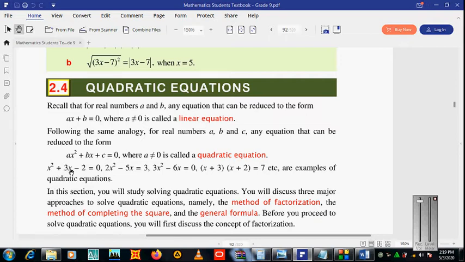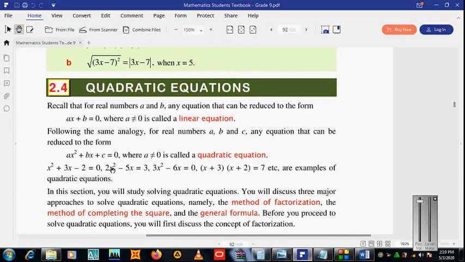x squared plus 3x minus 2 is equal to 0 is a quadratic equation. Therefore, the coefficient of x squared is 1, the coefficient of x is 3, and the coefficient of x to the power of 0 is -2. x squared minus 5x is equal to 3 is also a quadratic equation.